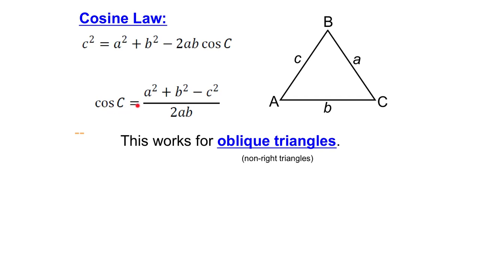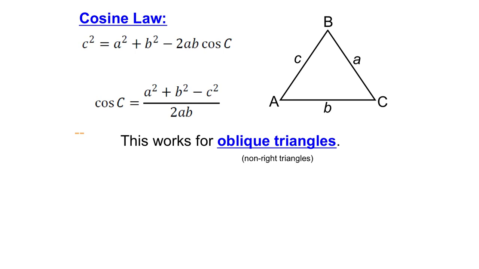Cosine of angle C is equal to a squared plus b squared minus c squared, all of that divided by 2 times a times b. Now, it looks complex, but as you'll see in the examples, it's not really that difficult. All you have to do is plug numbers into the formula and use your calculator. The tricky part is just remembering what numbers to put where.